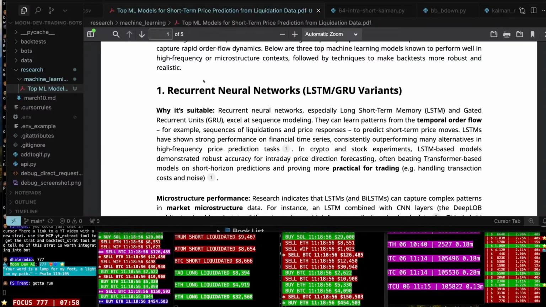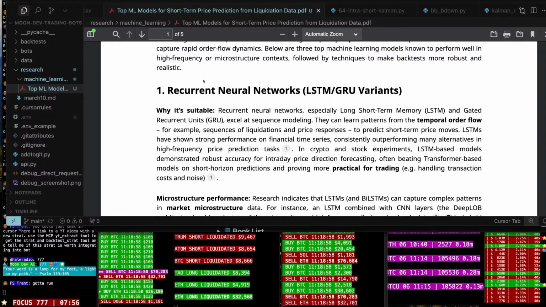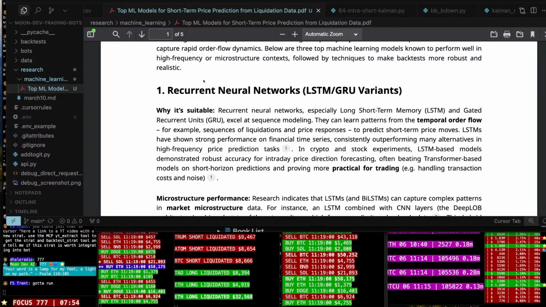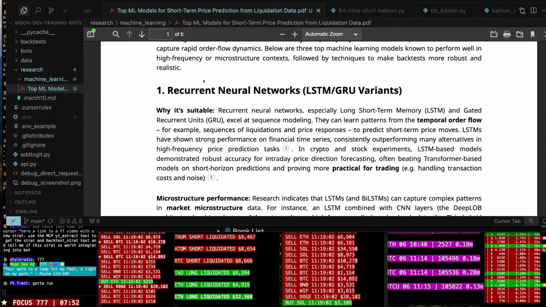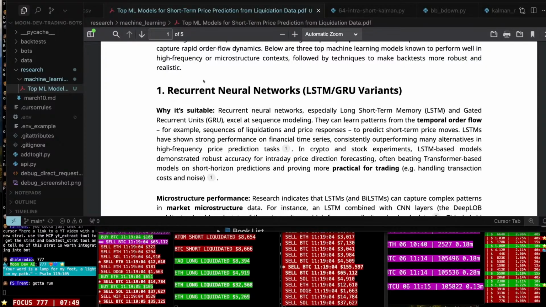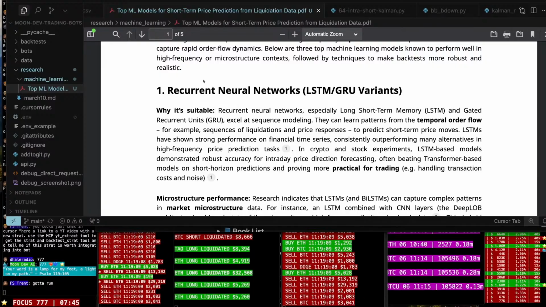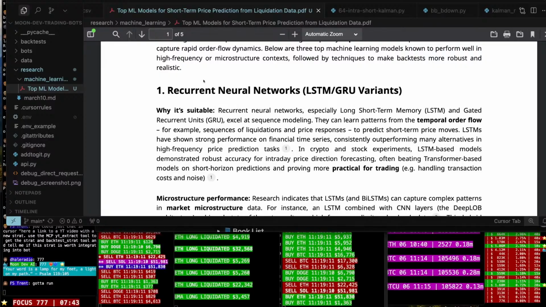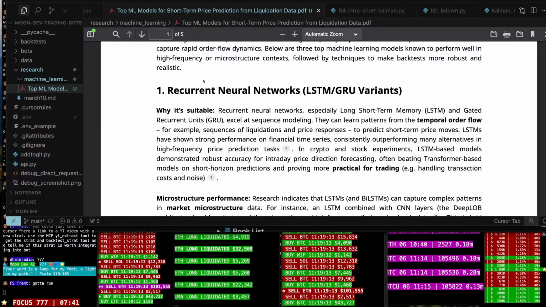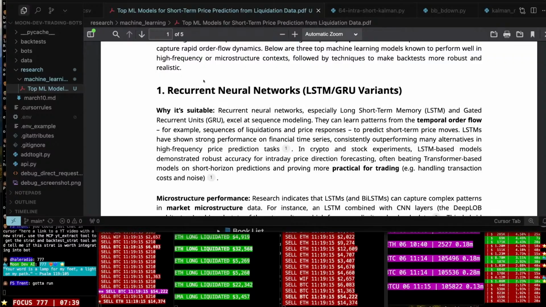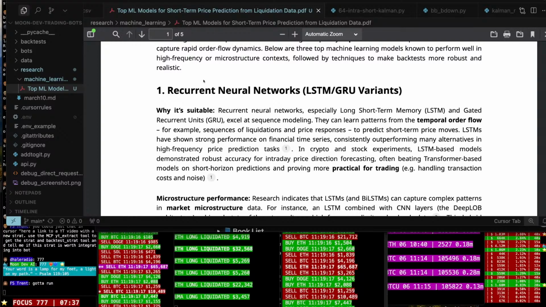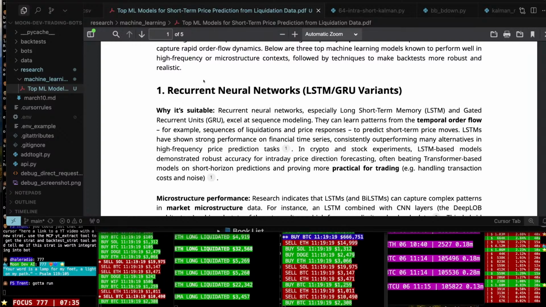Recurrent neural networks, especially long short-term memory, LSTMs, and gated recurrent units, GRUs, excel at sequence modeling. They can learn patterns from the temporal order flow, for example, sequences of liquidations and price responses to predict short-term price moves.